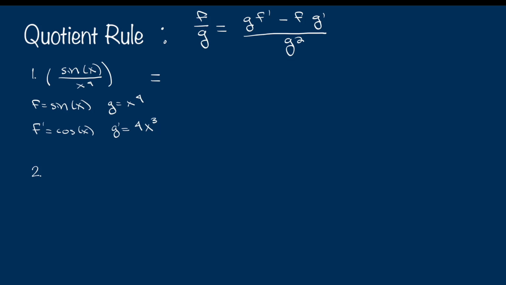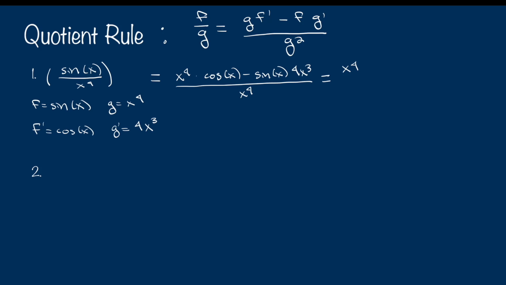All right, now we're going to plug in our equations. So we have x to the 4th times cosine x minus sine x times 4x to the 3rd, all over x to the 4th squared. Now we can do some simplification.